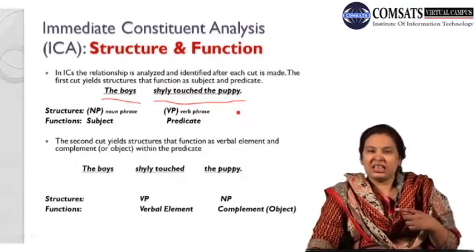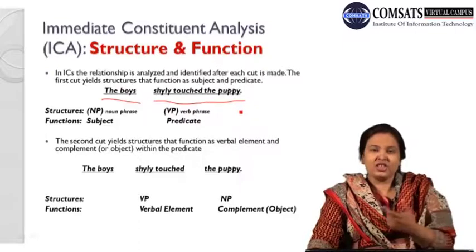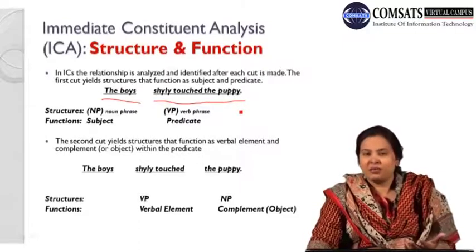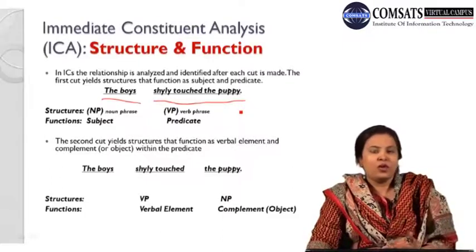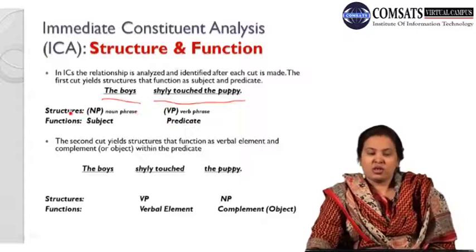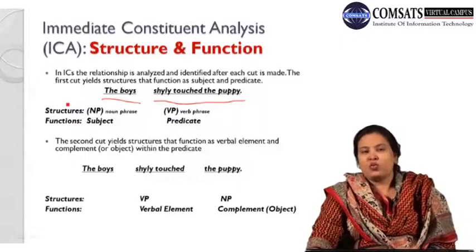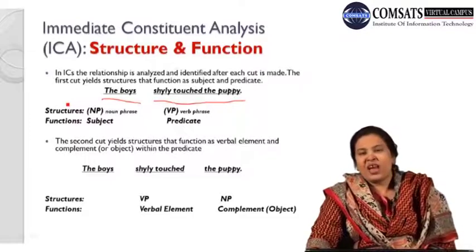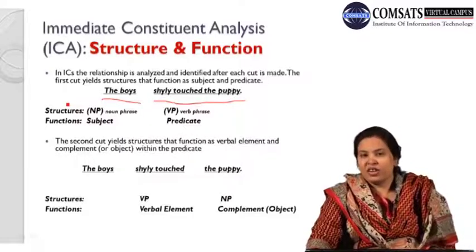And these divisions tell us the function of these parts, what is the subject and what is meant by the predicate. We know their definition with the help of these. Like in structures, we have noun phrase. So what is the function? Subject. In structure, we have verb phrase. So what is the function?